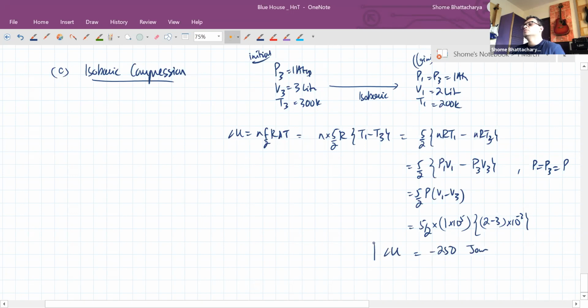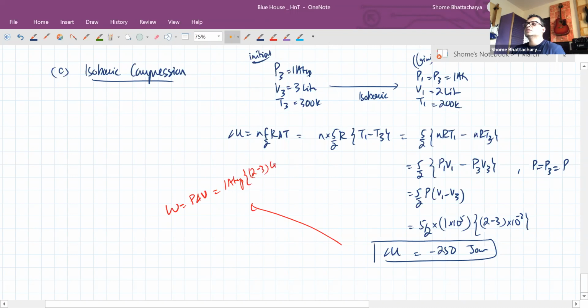This is our delta U. Now from this you can see it's very easy. Yeah, I'll show you the last one. Okay. That W is P delta V. So it will just become 1 atmosphere into 2 minus 3 liters, or become minus 100 joules.